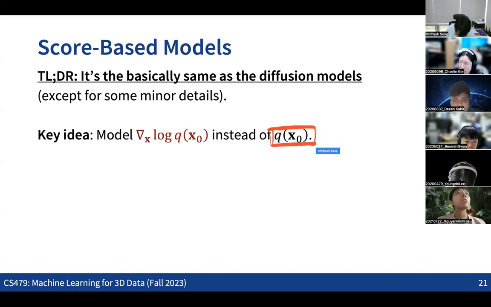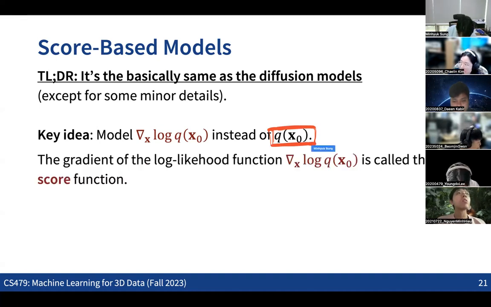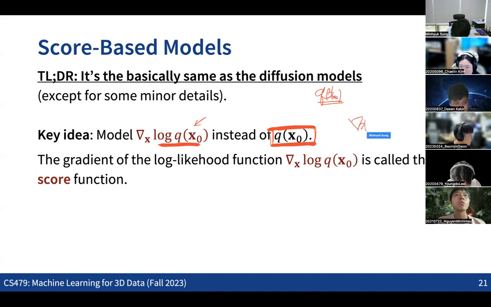But in the score-based model, the goal is not to directly model the data distribution, but to model the gradient of the log likelihood for each data point. So instead of getting the information of q(x0), we just want to get the information of the gradient of log q(x0).